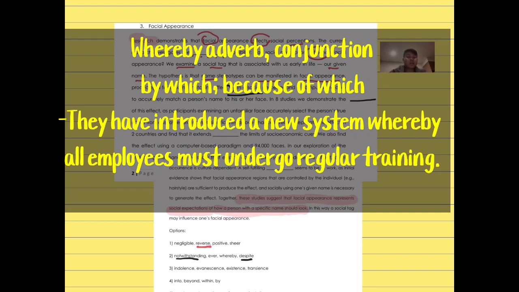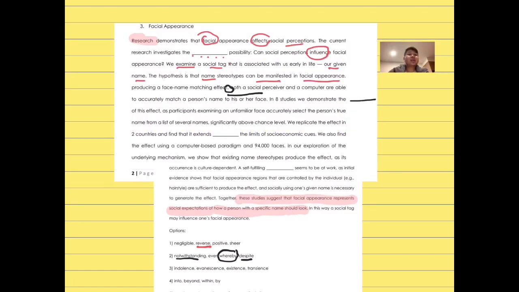So I hope you get the idea that we have to go with whereby in the second blank. The name stereotypes can be manifested in facial appearance, producing a face name matching effect, whereby, because of which, both a social perceiver and computer are able to match a name and a face.